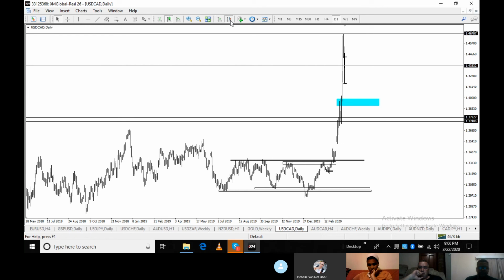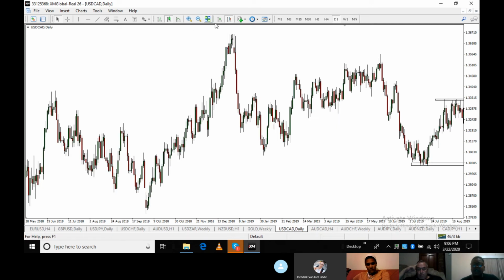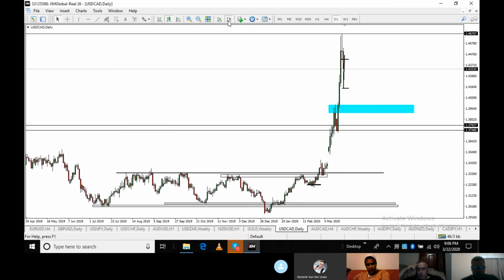So we could look at this as our final destination for the sell on USD CAD. Another thing that just jumped out at me right now is, let's say price drops all the way below this level.